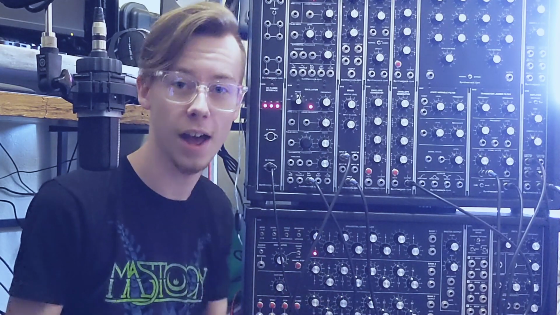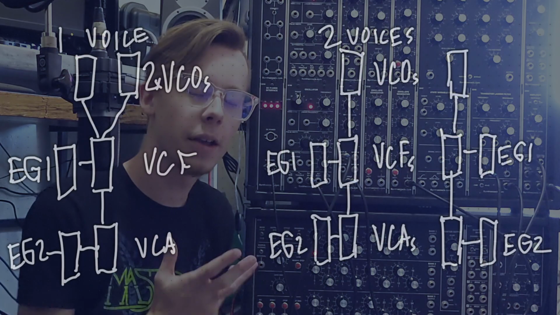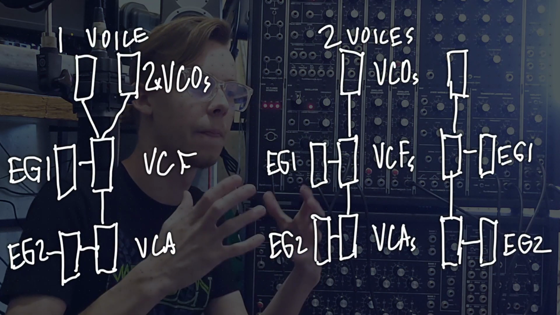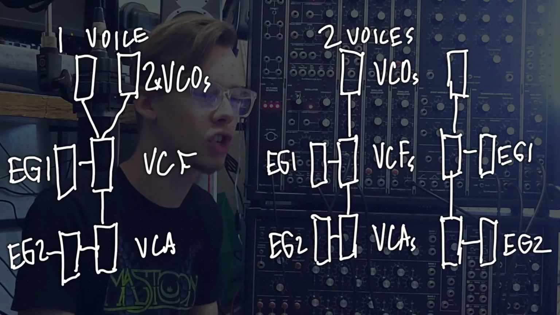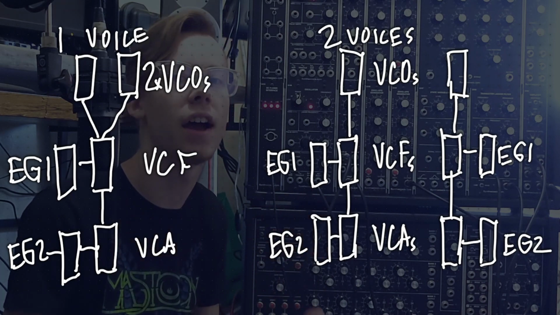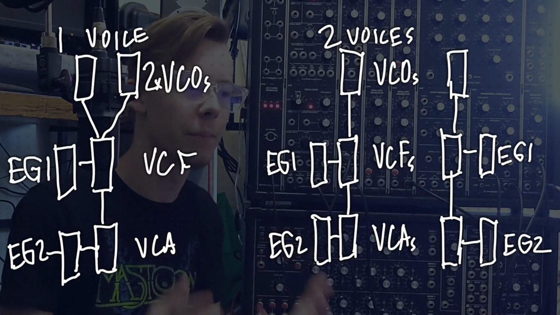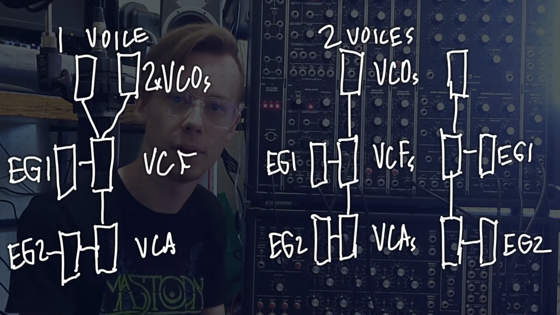I actually have a graphic that I drew up briefly on my iPad. But think of a voice like multiple keys that you can press at the same time, where each key gets its own filter and envelopes and amplifier and oscillators. So basically, each key is like its own synthesizer that you can play.